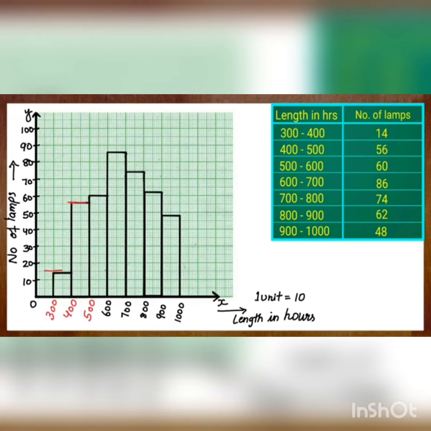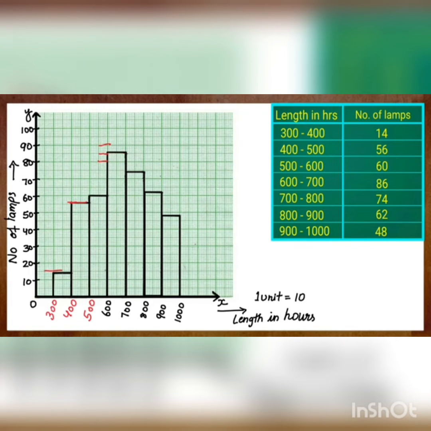Then the third one, 500 to 600 is 60. With the help of the scale we need to do all this. 600 to 700 is 86, so we mark that.